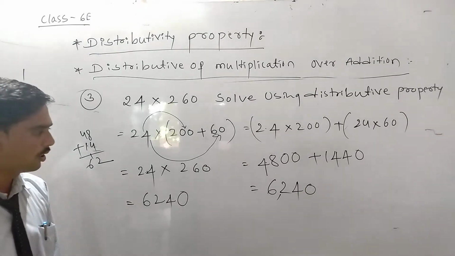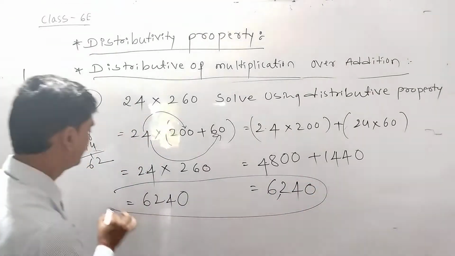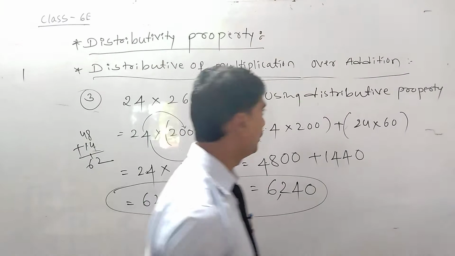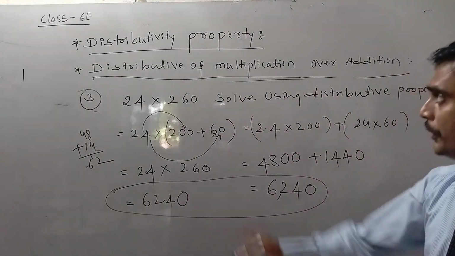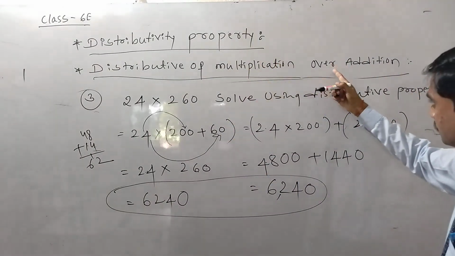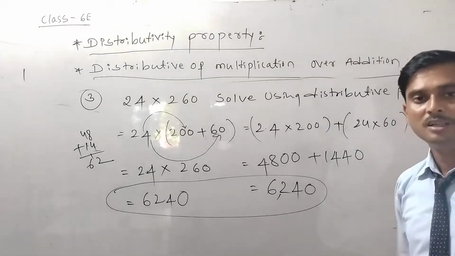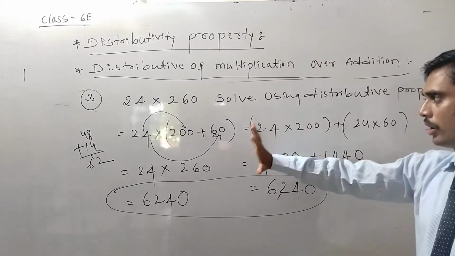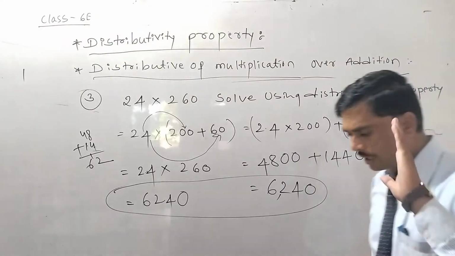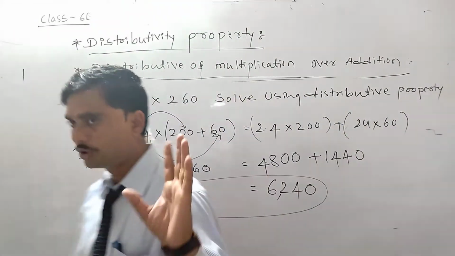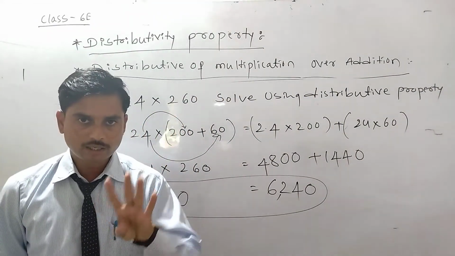6240. This is called distributive property, distributive property of multiplication over addition. Okay, remember dear students, total how many properties are there? Total 4 properties are there.